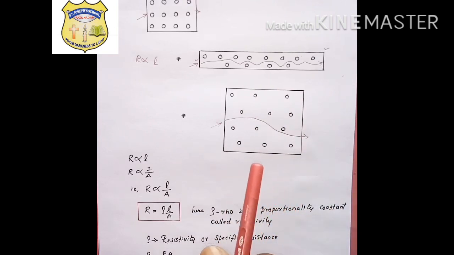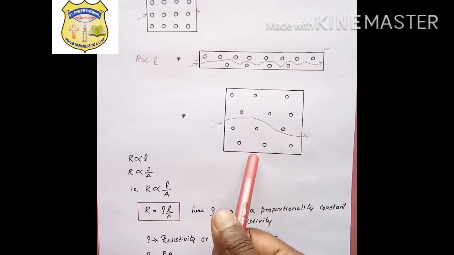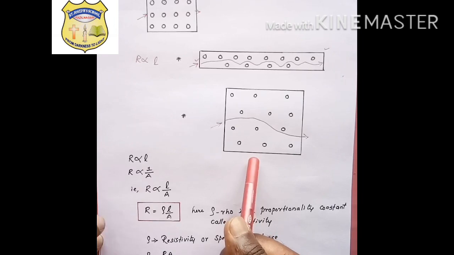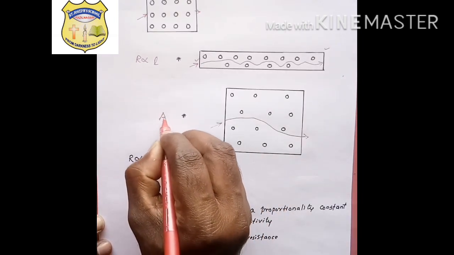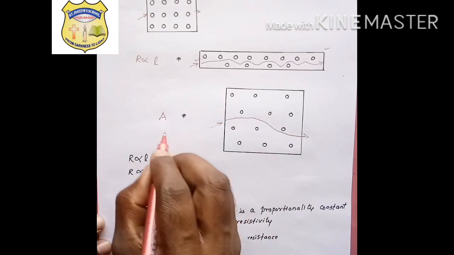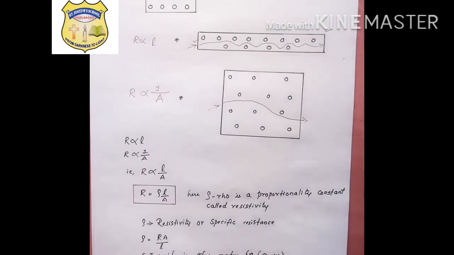The difficulty is called the resistance, right? So here resistance is very less. So we can say that whenever area increases, resistance decreases. When area increases, resistance decreases. When area decreases, resistance increases.